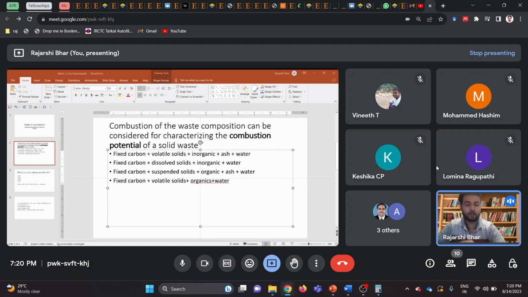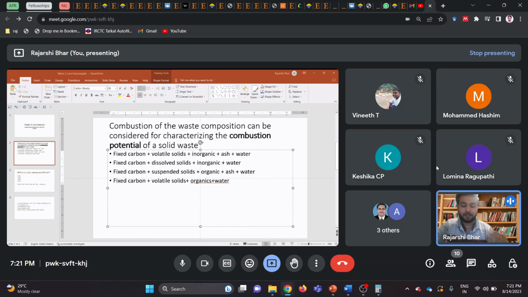In the inorganic component, when I have a heterogeneous mix of solid waste, it can have inorganics in the form of dust, sand, along with glass and some metals. These inorganic materials are included in this bracket. And ash, what is ash?